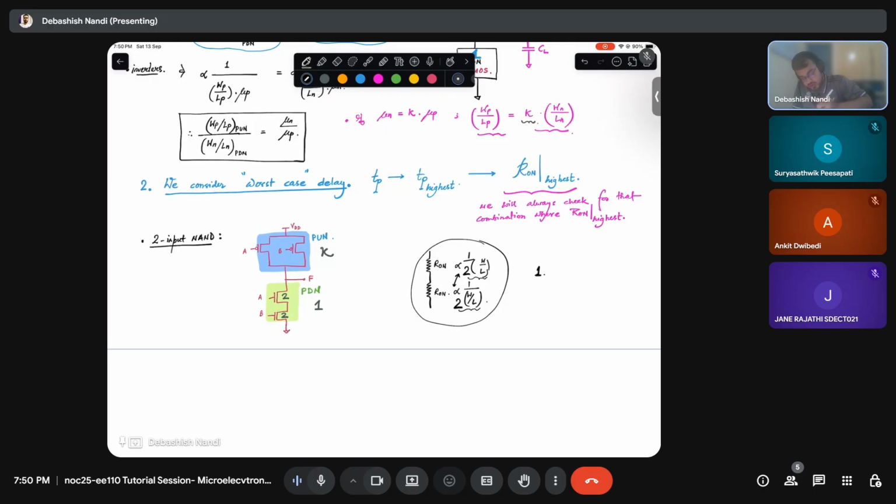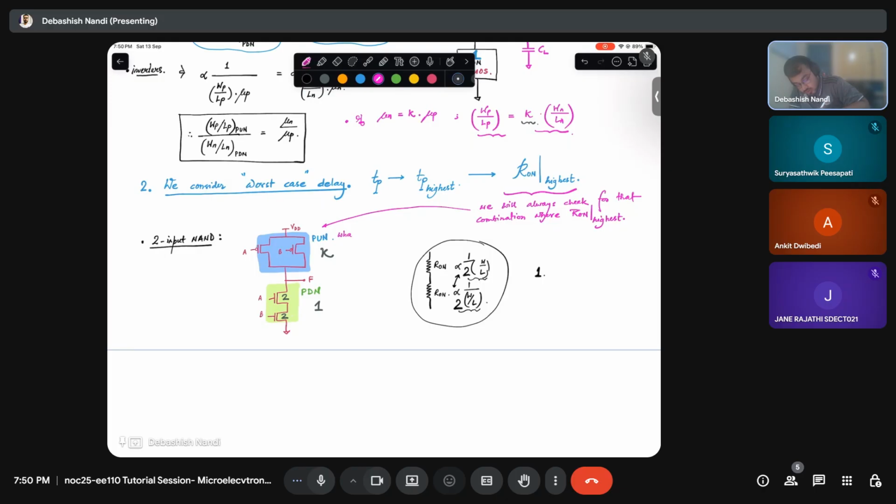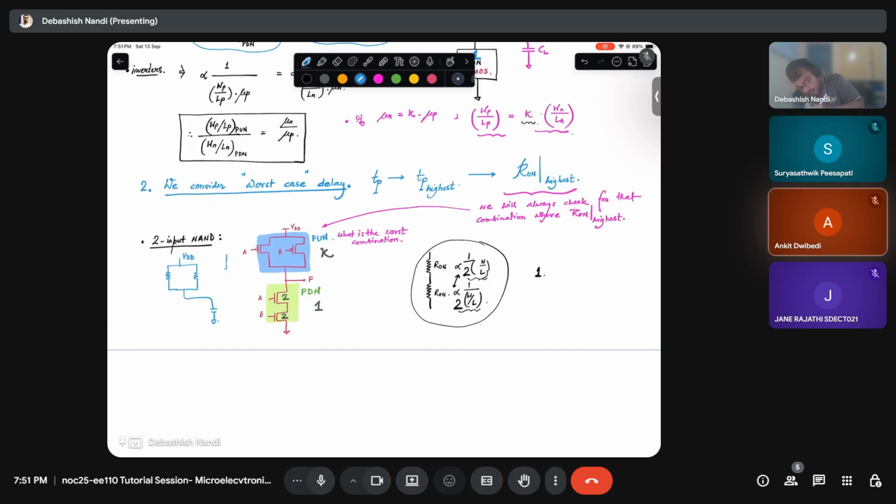And what about this PMOS? What is the worst case? What is the worst combination? In case of PMOS, this is my VDD, I can have this, or I can have this.